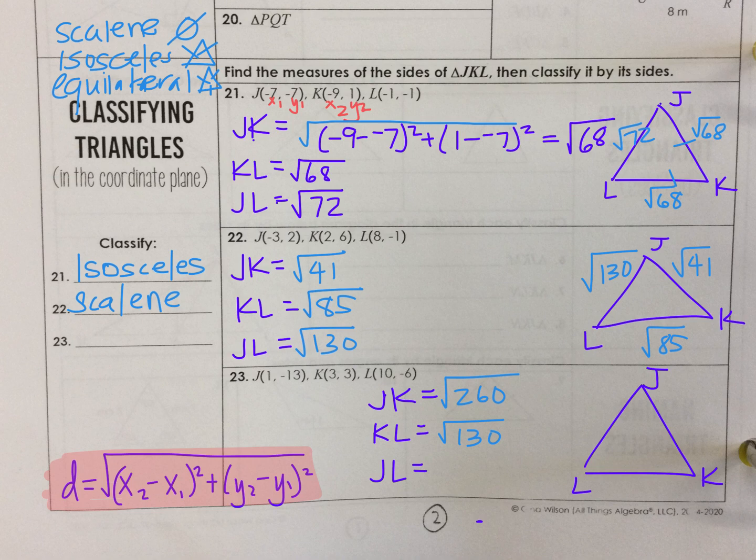I need you to figure out that missing part, and then I need you to tell me what it is: scalene, isosceles, or equilateral. And I'll go ahead and give you a hint for JL: x1, y1, x2, y2. When you're done with that, flip over to page 5 in your packet.